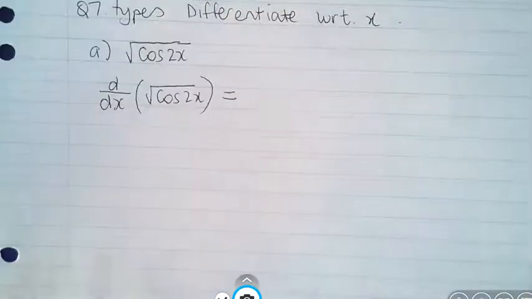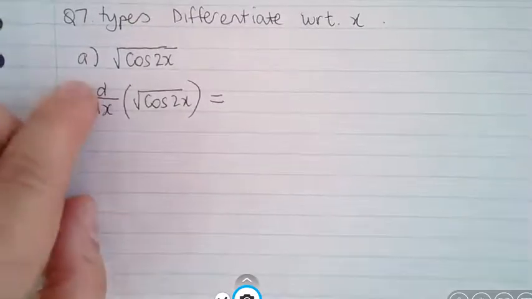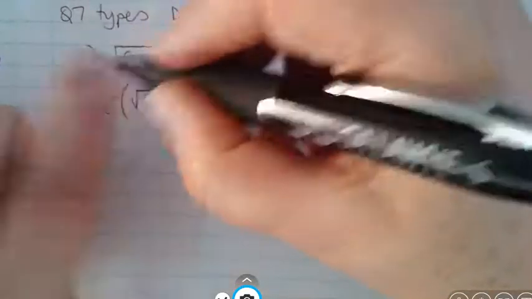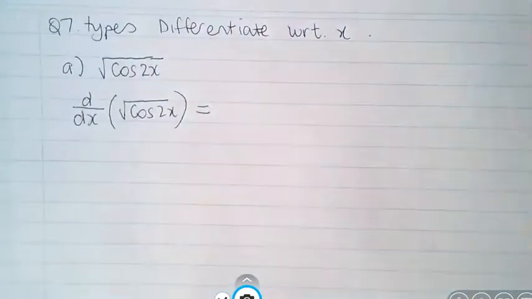Or I can write if y equals, dy dx equals. If they don't tell you that y equals function of x, you go d by dx of that equals. And if you're not comfortable with that, just write let y equal that, then dy dx equals.